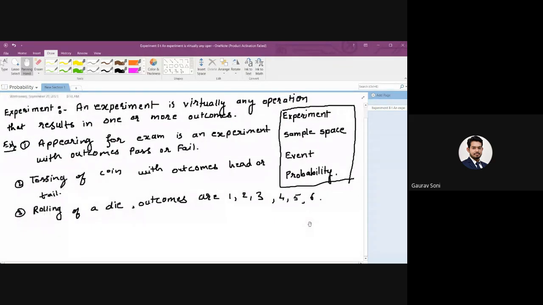Just for understanding, I'll write it down: the trial of an experiment means performing an experiment.